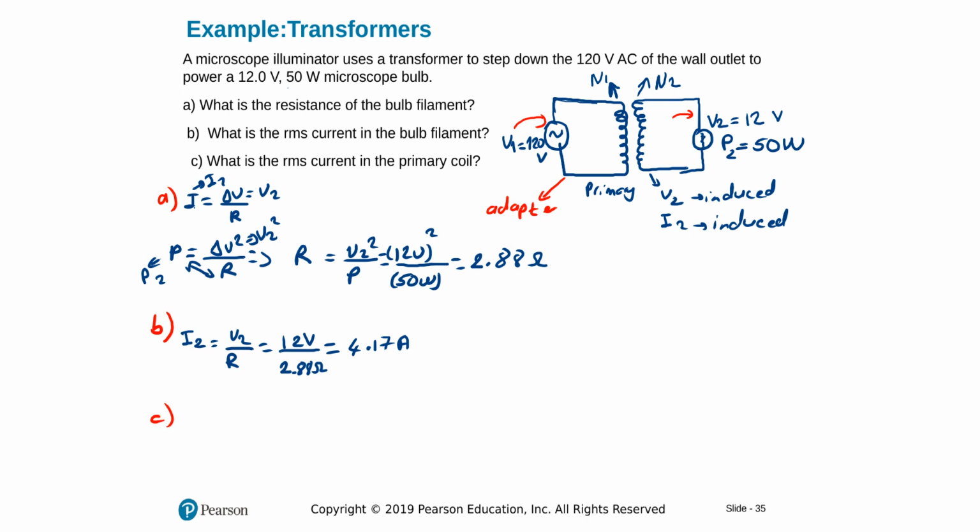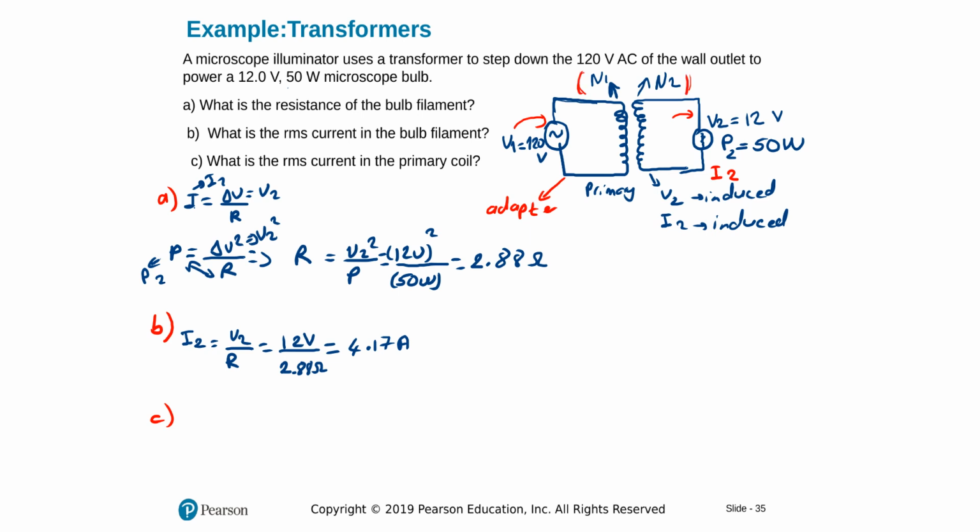C, what is the RMS current in the primary coil? Now I know I2 and V2, right? I don't know turns. There is no information about turns, so I can't use equations related to turns here.